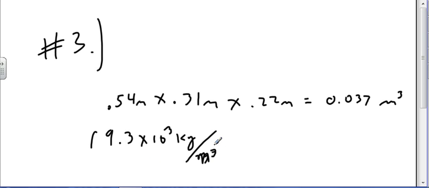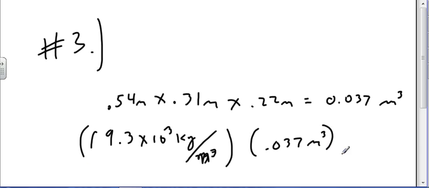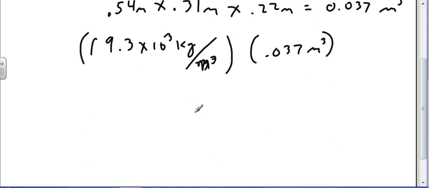Okay, and then we would multiply that times the number of meters cubed, and we have 0.037 meters cubed, and our final answer would be in kilograms, which is what we're looking for. In looking at the problem, we only have 2 significant digits, so that's all we would keep.